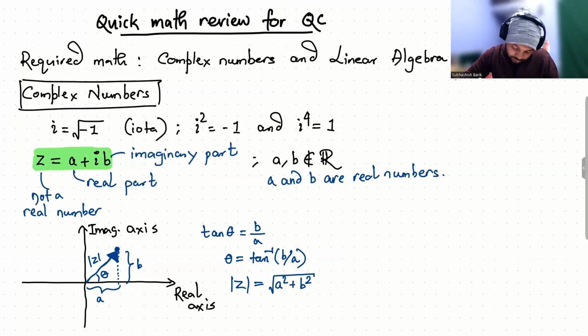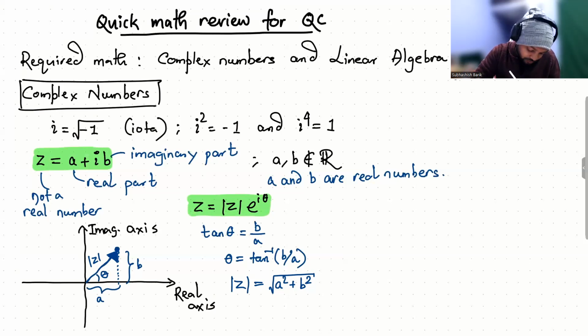In this way, we can also represent z as the modulus of z times e to the power i theta. This is another representation of the complex number. That means the complex number can have two representations.